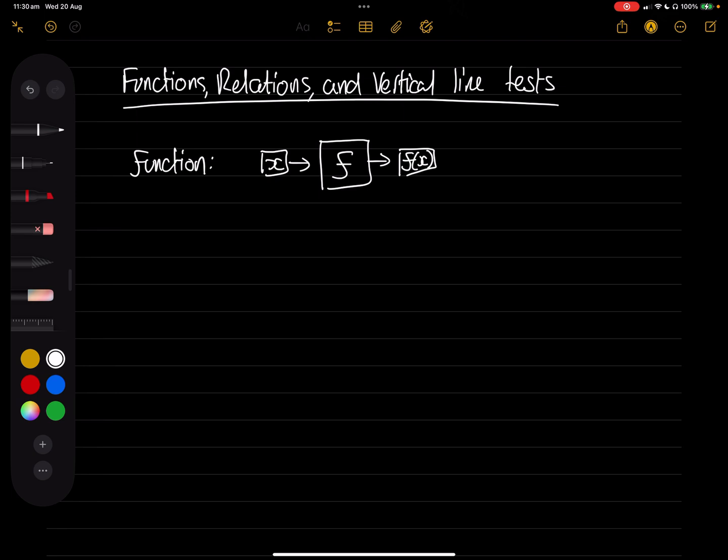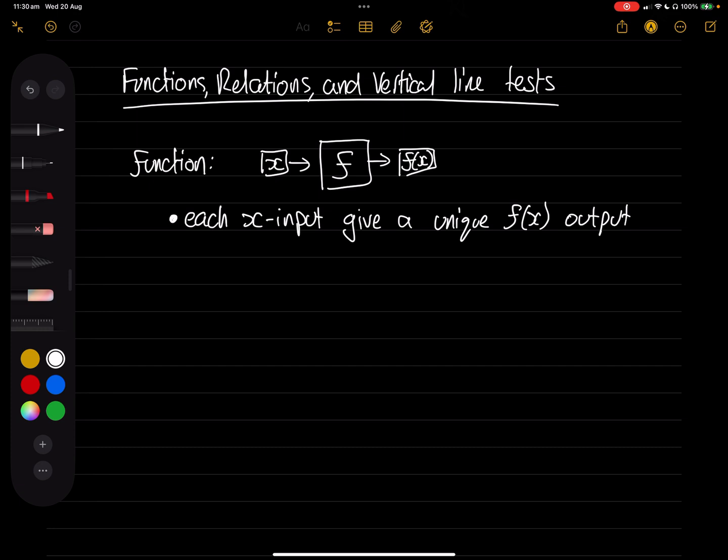The way that we'll use the word function, we tend to have one extra consideration that we want to append onto what technically constitutes a function. And this is that each x input gives a unique f of x output.